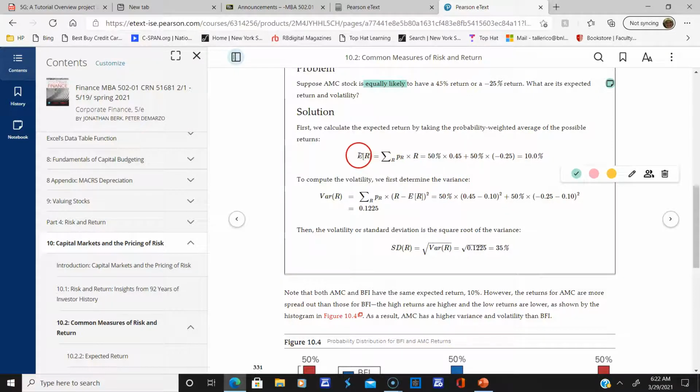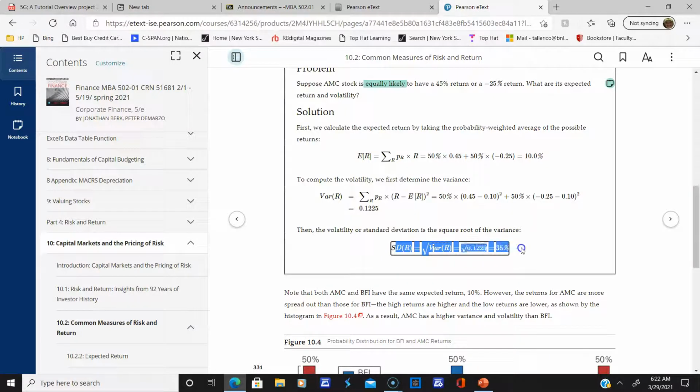Once we've got the expected return, we put that in here, and you can see they're putting that 10% in there. We get the variance, again, by multiplying the probabilities times this term. Then the volatility, or standard deviation, is just the square root of 0.1225, and you can see them doing that here. So this is the volatility.